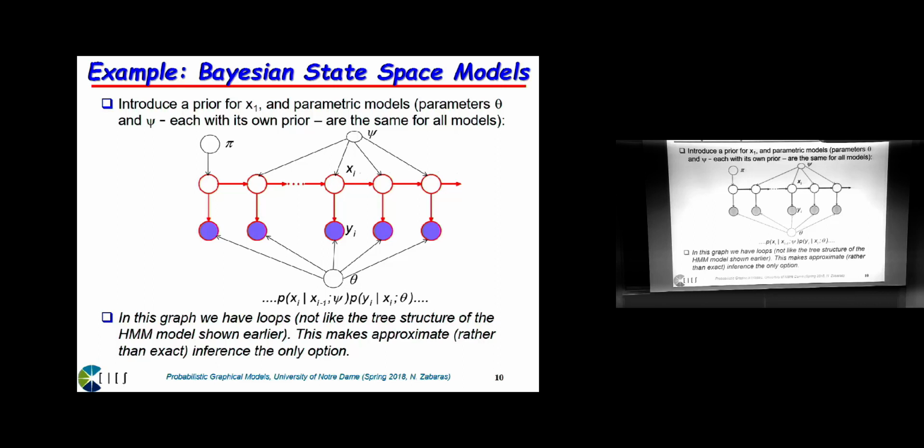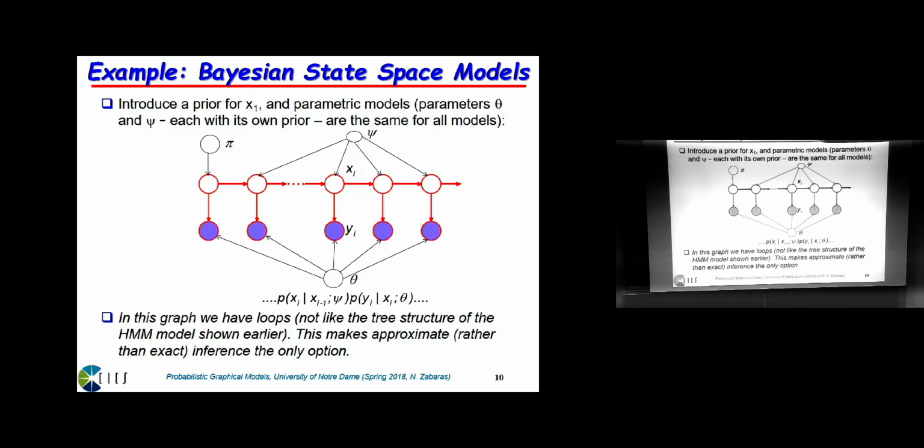Obviously not very realistic, right? You can think of a satellite that goes in normal motion and suddenly starts accelerating, or something happens, it starts falling, so you don't expect the same dynamics at all times. So these parameters obviously have to change with time, but if you really want a trivial case, this is how the graphical model will look like.